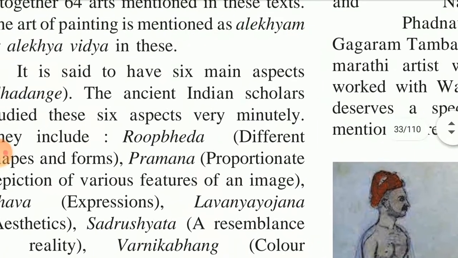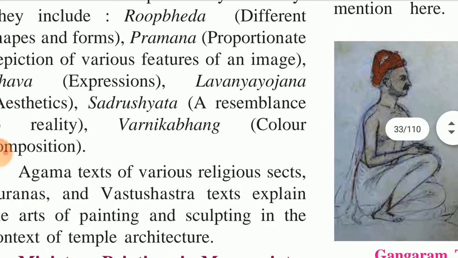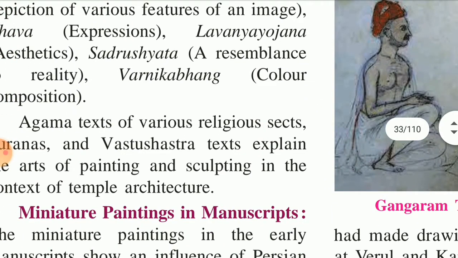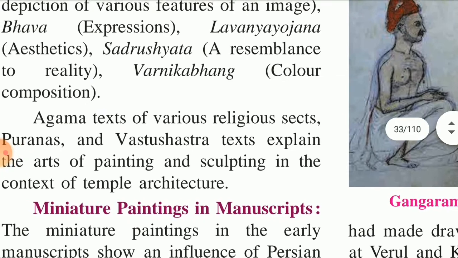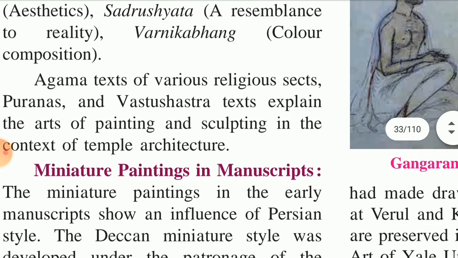These were the 6 aspects of classical style. Then we have seen also how in Vastu Shastra and Puranas there are rules written on how to draw, how to paint, which color combination, everything is given.